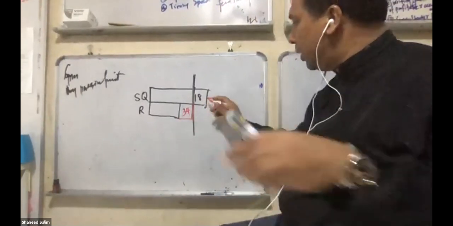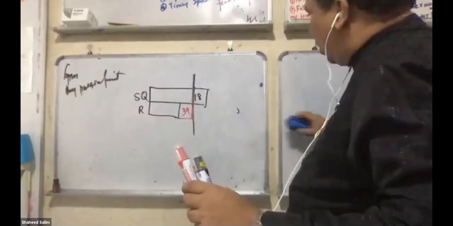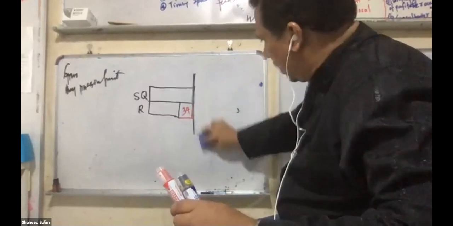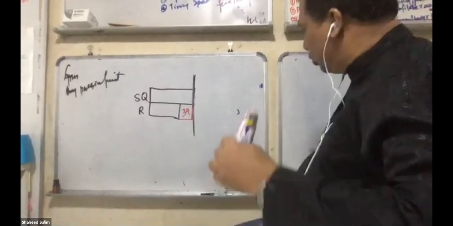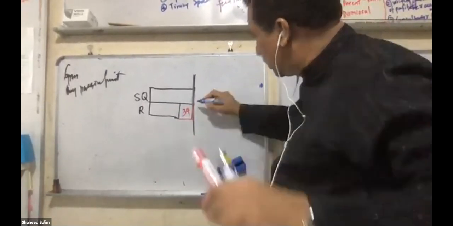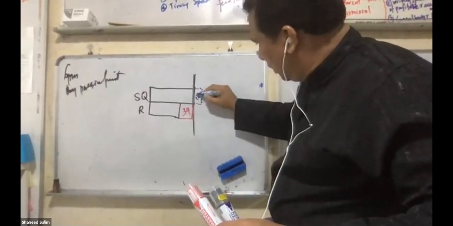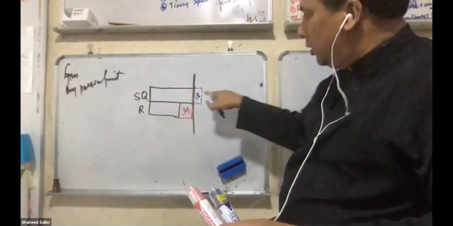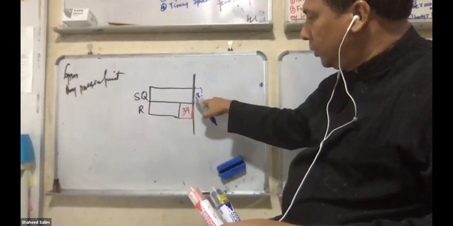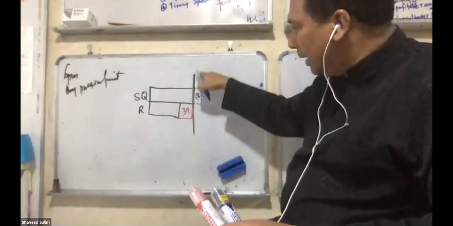This 18 is no more because he gave away, so I'm going to draw it with a dotted line using a blue color. At first he had until here, but he gave away 18 and Royston bought 34. Now they have the same.